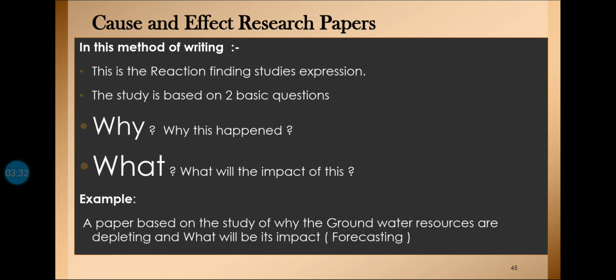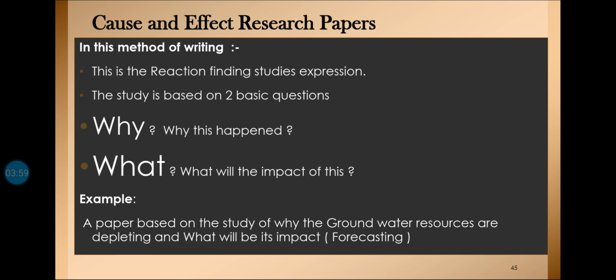So the question that comes to mind is why the groundwater level and sources are reducing, okay, and then what will be the effect. So the action is the decrease in the groundwater level in a continuous yearly pattern, and the reaction will be studied.